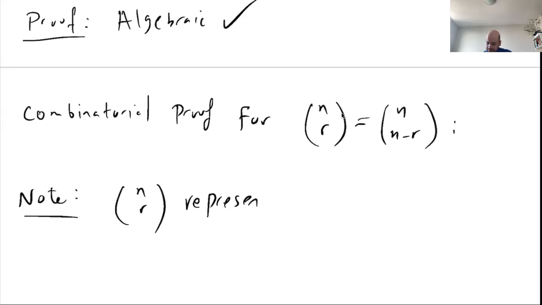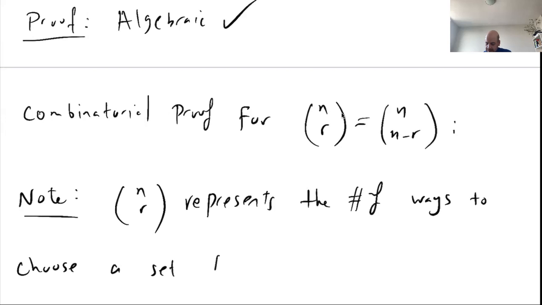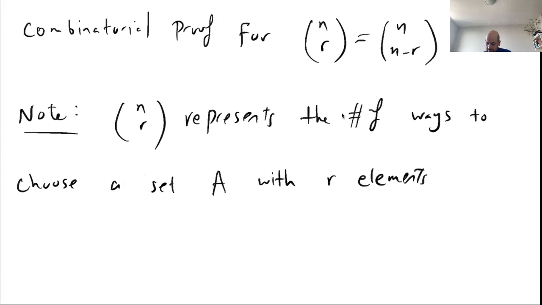represents the number of ways to choose a set A with r elements from a set S with n elements.